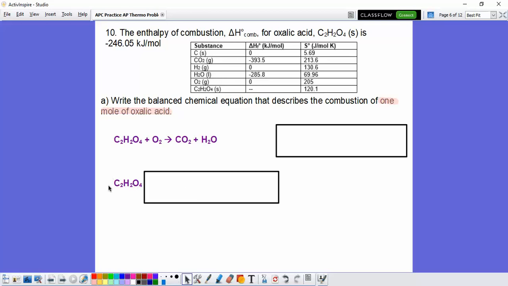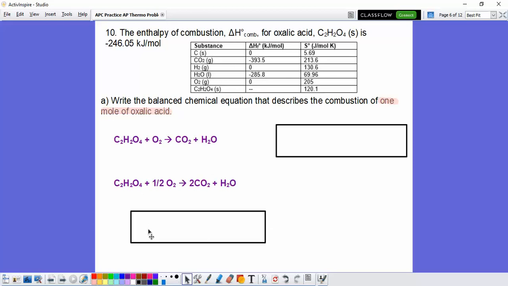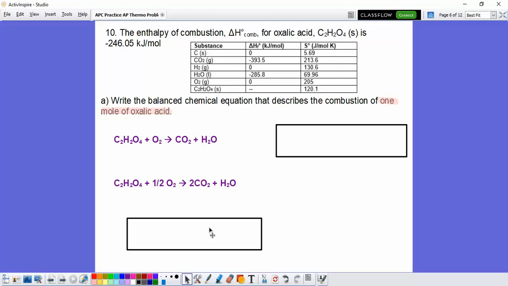And then in order to balance out the carbon, we're going to need to put a 2 in front of CO2. We're not going to want anything in front of H2O because that'll balance out my hydrogen. And then we end up needing a 1/2 in front of O2. So it's going to look like this when it's balanced. All right, so just remember, fractional coefficients are a thing. So there's my balanced chemical equation.